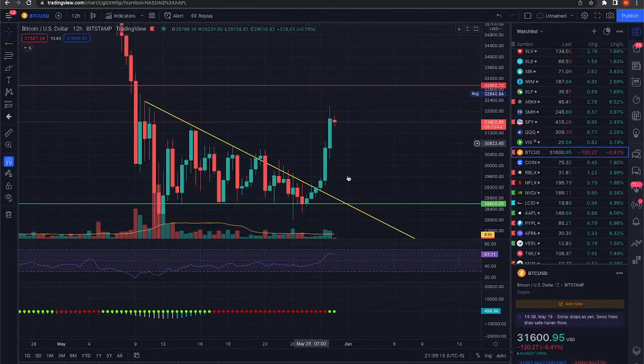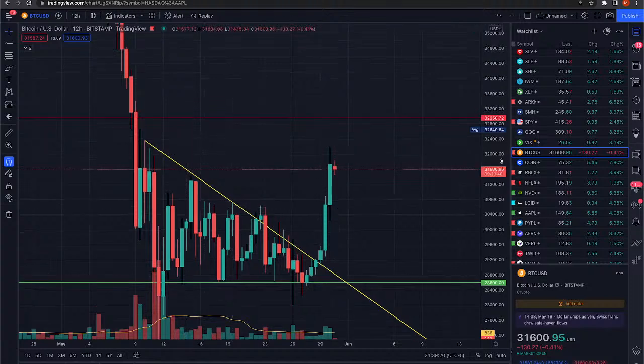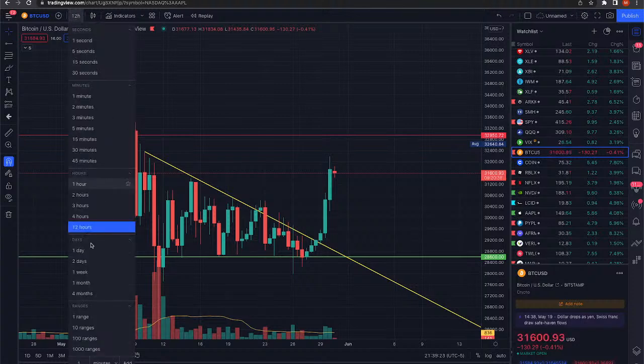All right, so Bitcoin broke out of this little wedge, so it's got a nice move. And see, the time frames on Bitcoin are a little different. On Bitcoin I look at the 12-hour, daily, and the 1 hour, because if you look at the 5 minute, it just looks bad.